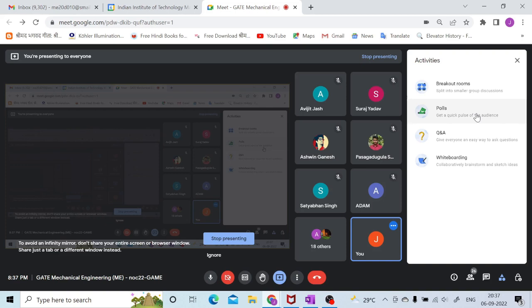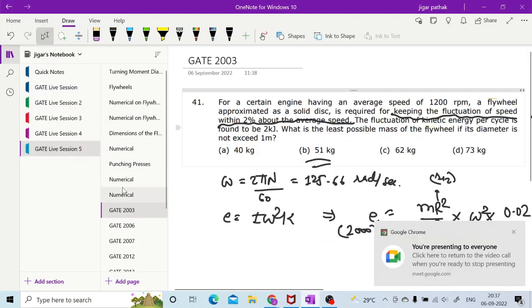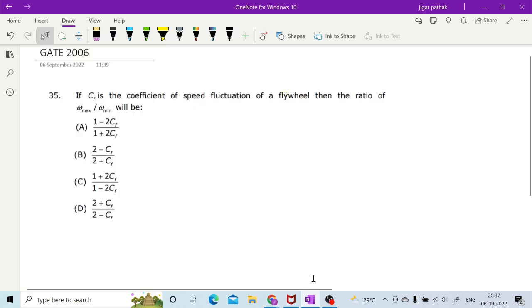Now if we go for the next one, here, if CF is the coefficient of speed fluctuation of a flywheel, then the ratio of omega max minus omega mean. Can you try and write your answer in the chat box only, whatever A, B, C, D you are getting?